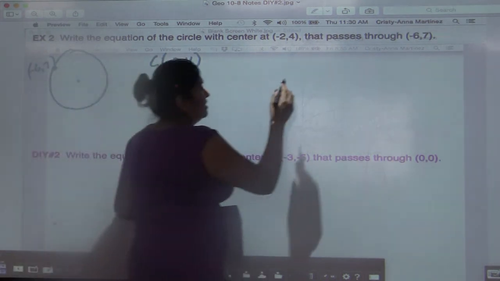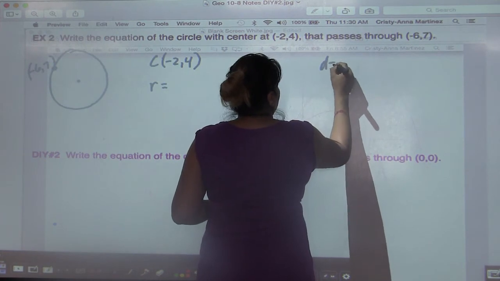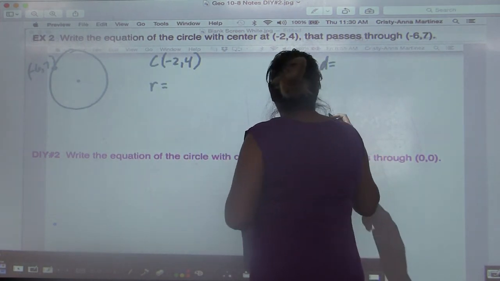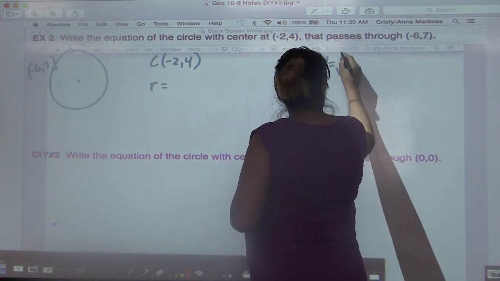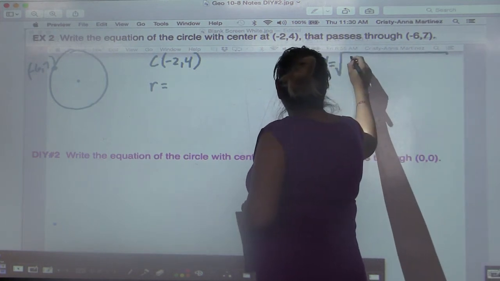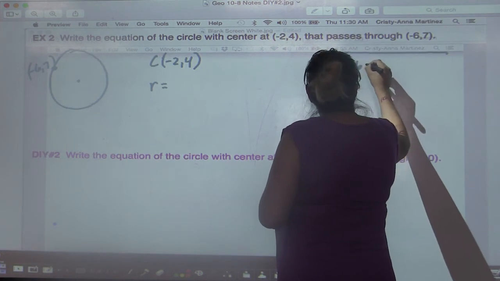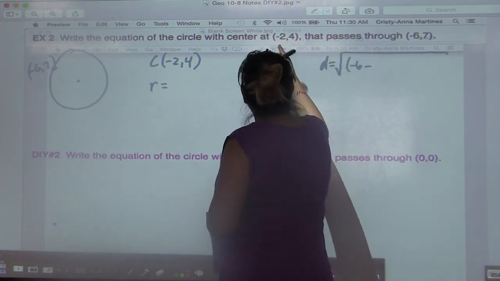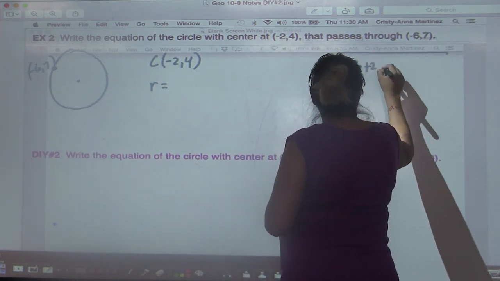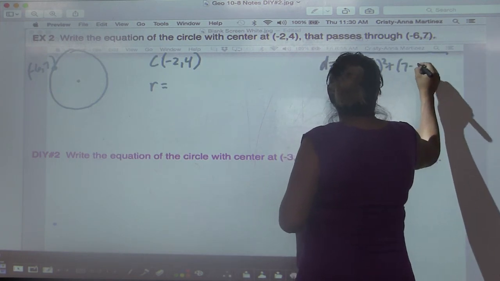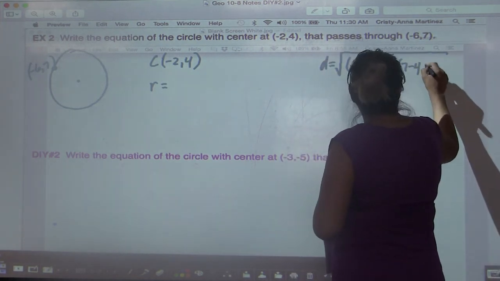So the distance formula is going to equal the square root, if you remember, of x2. So I'm going to go ahead and start with this point. So we're going to go negative 6 minus x1, which is negative 2, minus negative is positive. And then y is 7 minus 4 squared.